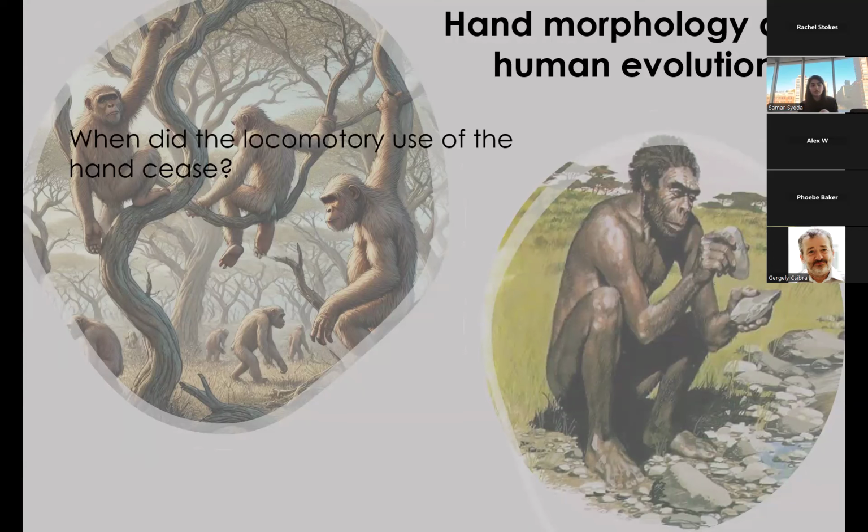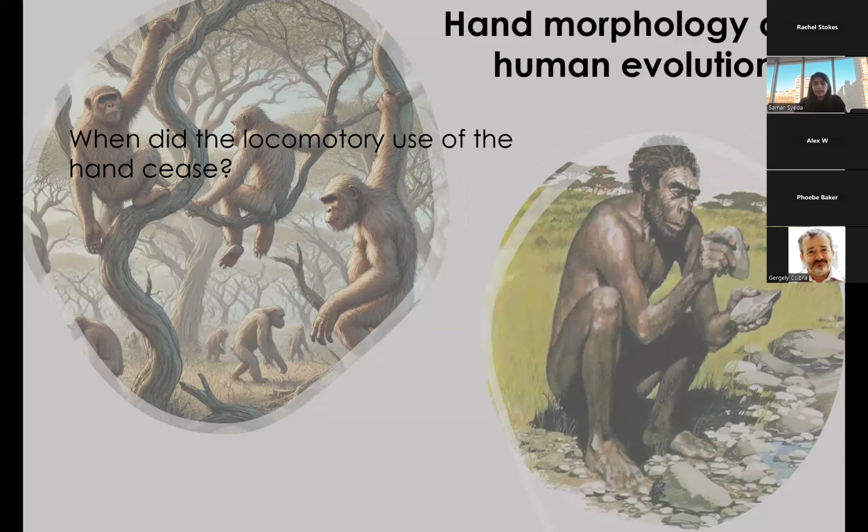Because traditionally the thought process is that something led to the development of obligate bipedalism, and that inherently has to happen after we stopped being in the trees, using the trees to move around. And that's still not completely resolved. So by studying the hand in more detail, you can get a closer answer to when that transition between being in the trees to being on the ground constantly and consistently actually occurred.